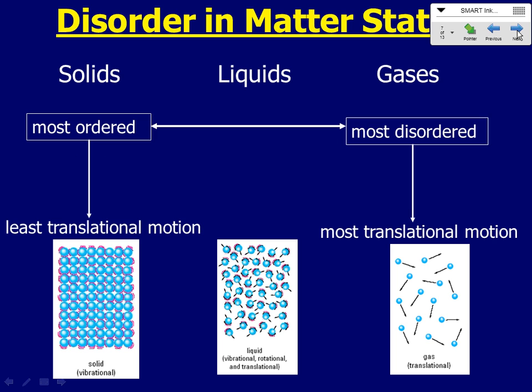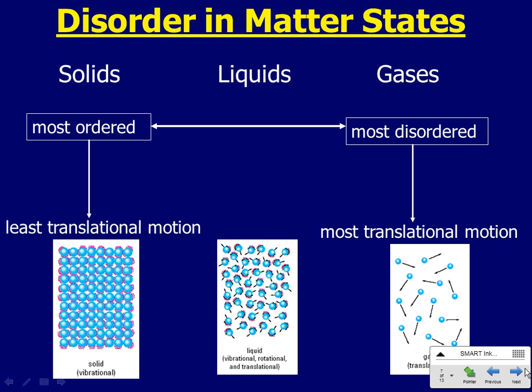Let's keep going talking about our particles. We now want to talk a little bit about the way order comes into play when it comes to the states of matter. This is a little introduction to a concept you'll learn next year called entropy, but it's not a big deal. We won't bother with it right now.